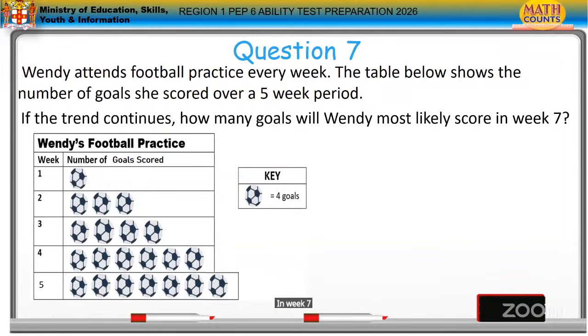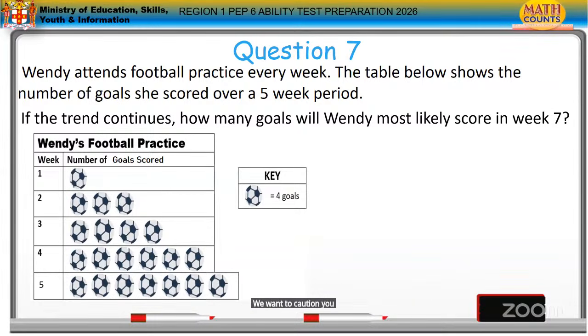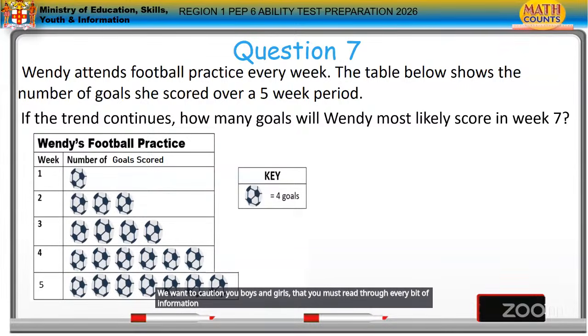And that's the reason why I want to point out the answers that were coming in the chat. I am not sure how you were able to give me an answer without the question being revealed. We want to caution you, boys and girls, that you must read through every bit of information first before you come up with an answer.